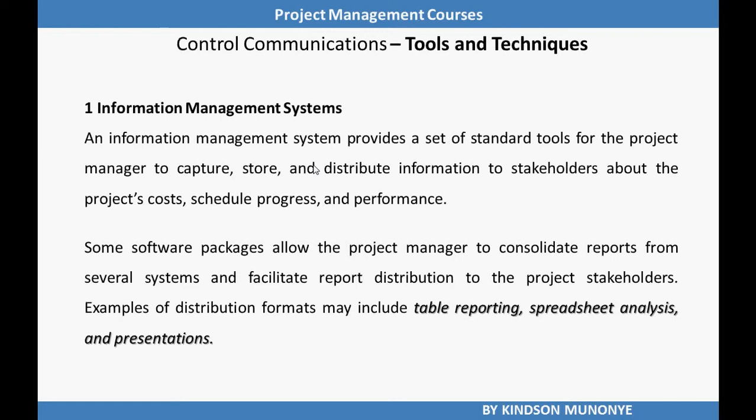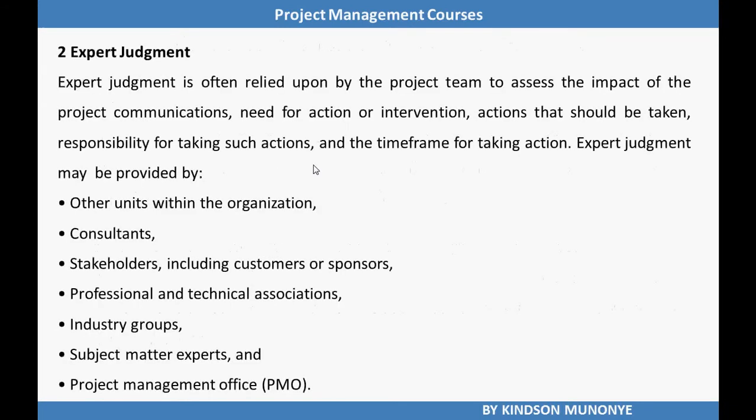Alright, we mentioned that there are just three tools and techniques used in control communication, that is information management system, expert judgment, and meetings. Expert judgment is used for control communication, and some of the information provided by experts may be from experts within the organization, consultants, other stakeholders.